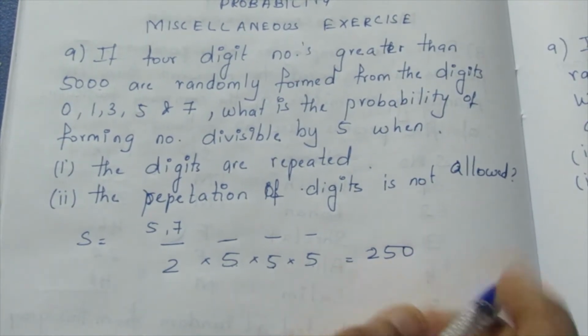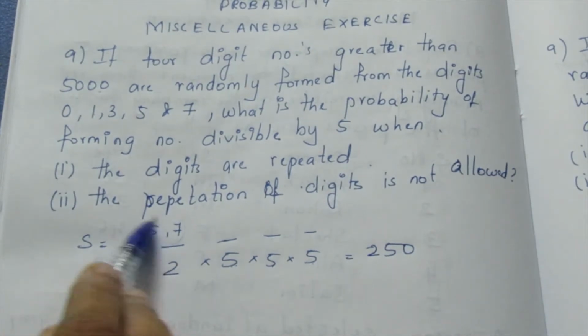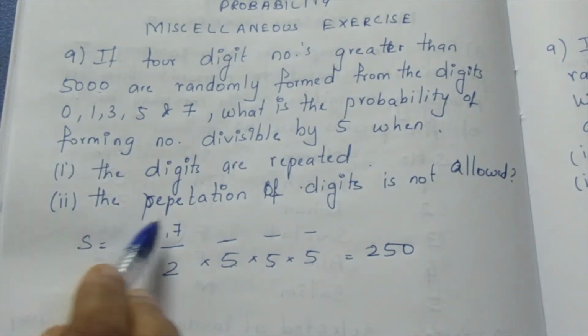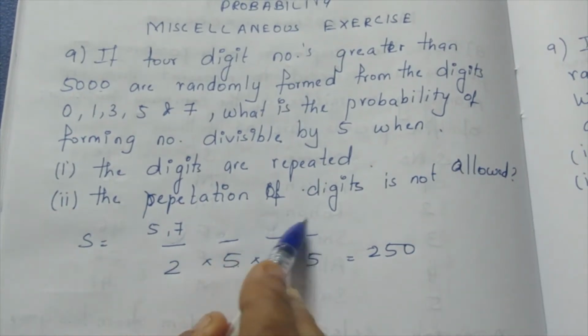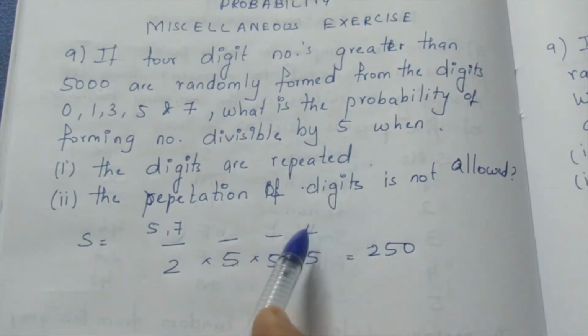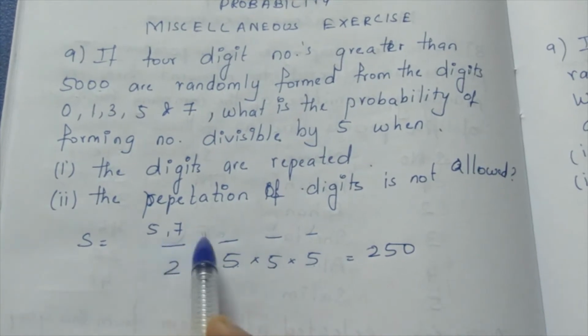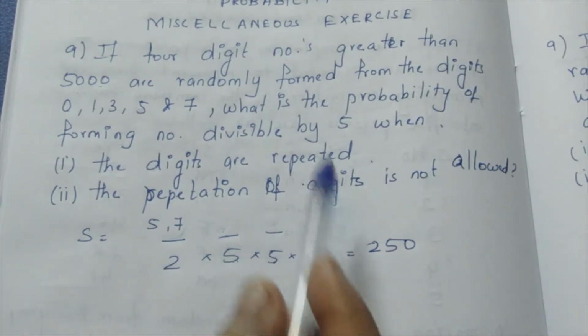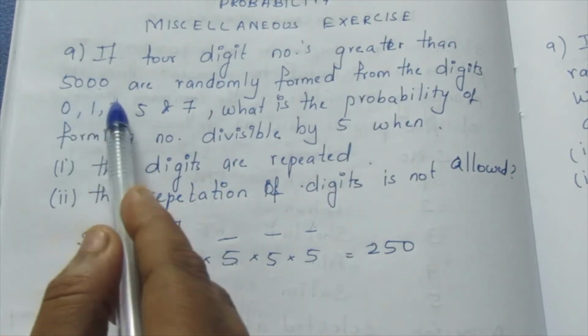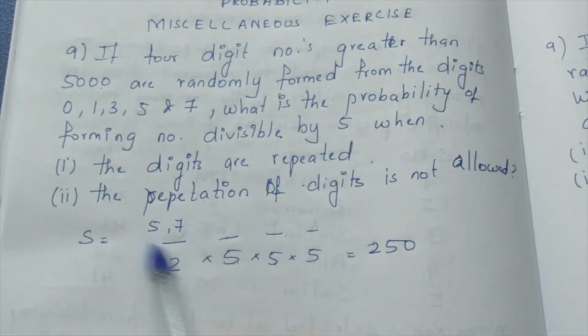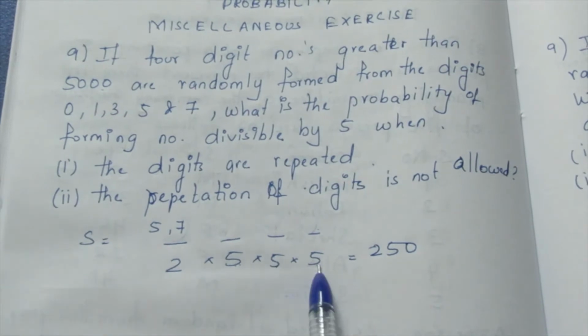But if the first digit is 5, I can also fill 0 here, I can also fill 0 here, and I can also fill 0 here because repetition is allowed. It will be 5000. But according to the condition, it should be greater than 5000. So, 5000 is also possible if we do it in this way.